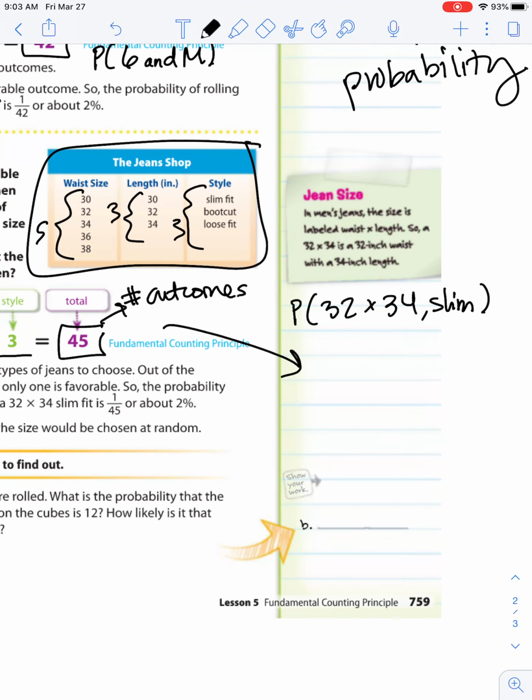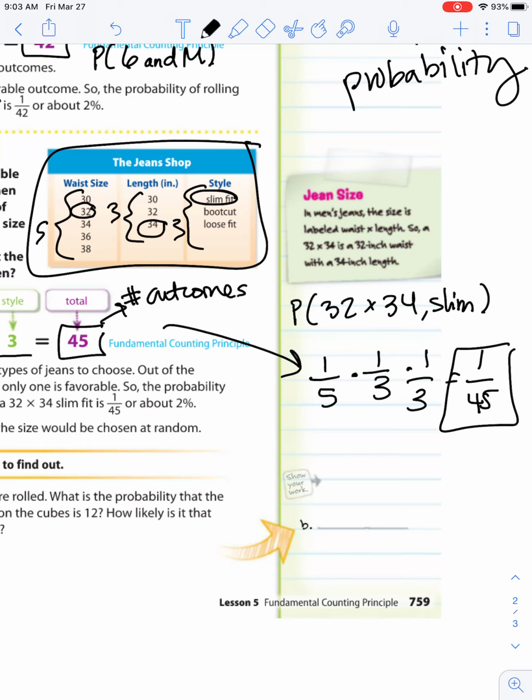If you look at the chart, the probability of choosing a 32 waist size would be 1 out of 5. And then the probability of choosing a 34 length would be 1 out of 3. And then the probability of choosing a slim fit would be 1 out of 3. If we multiply those together, we get 1 out of 45. So this right here is the probability.